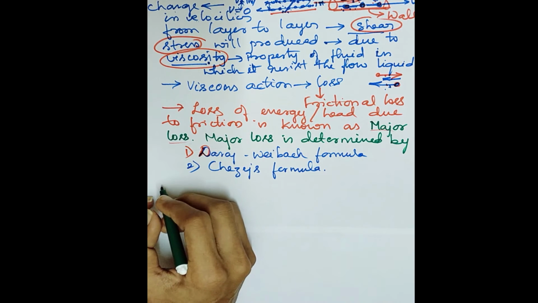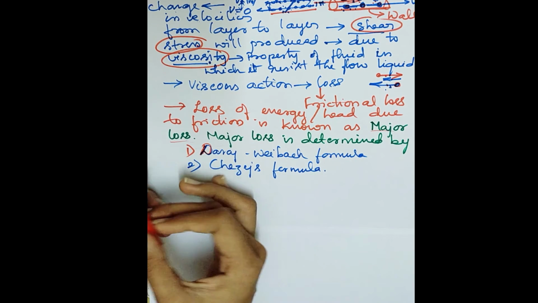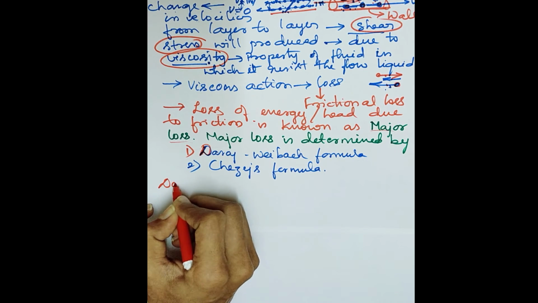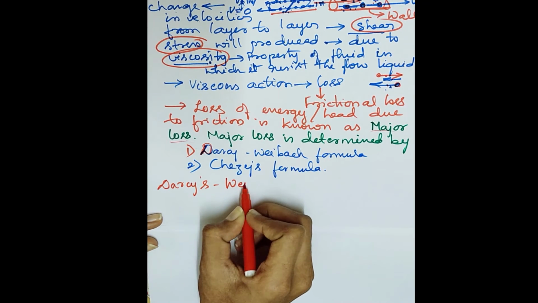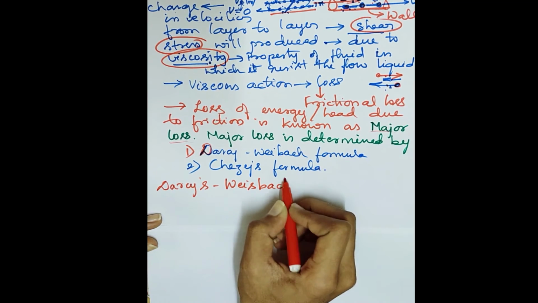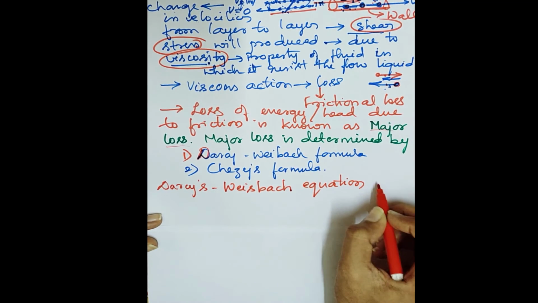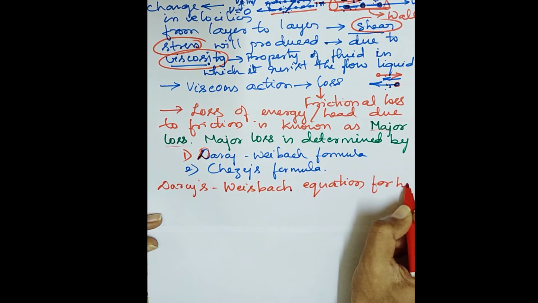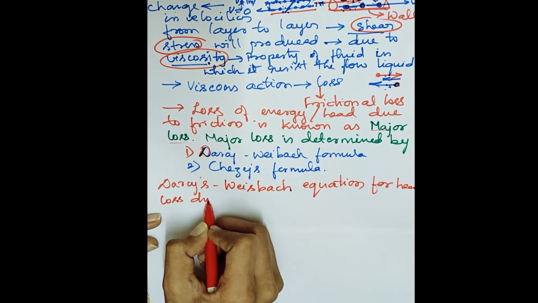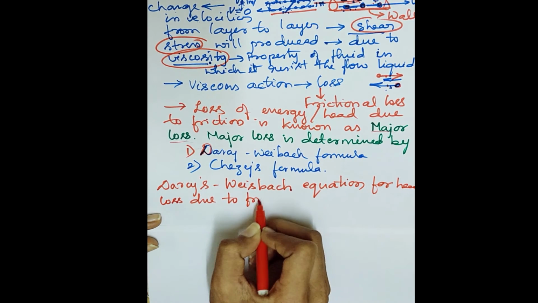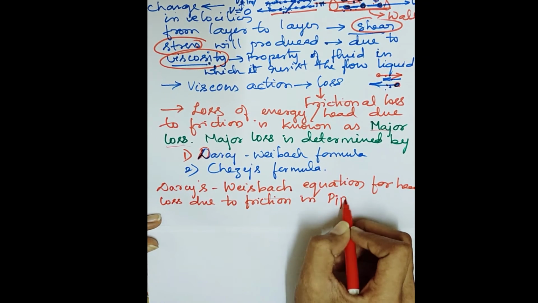So the next topic is a very important derivation, that is the Darcy-Weisbach equation for head loss due to friction in pipes.